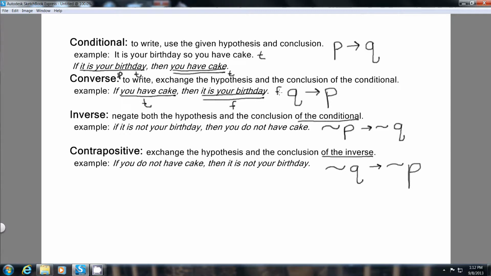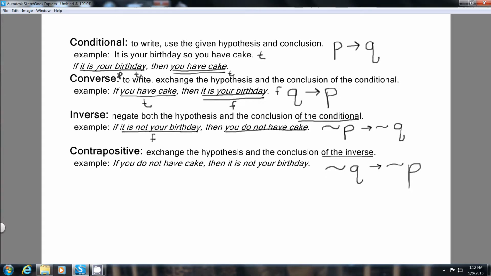Now, the negation. If it is not your birthday, then you do not have cake. Well, it is not your birthday. It says in our conditional that it is your birthday, so this is false.